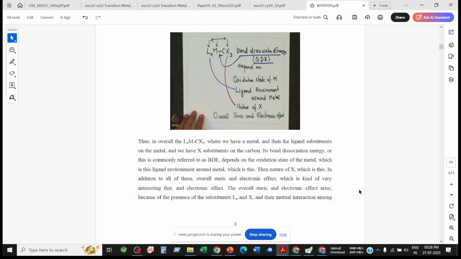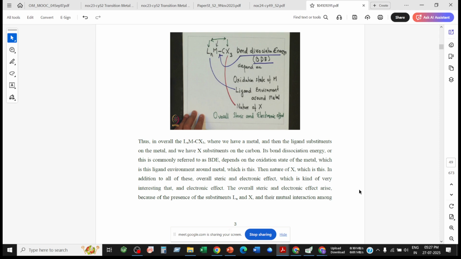It depends on a few things, the first being the oxidation state of the metal. If the metal is in a high oxidation state, there will be a difference in polarity and ligand environment, meaning the ligands already attached to the metal other than carbon. The nature of the ligand matters: electron withdrawing, electron donating, sigma donating, pi accepting, and the nature of the substituent on the X. As we have already said, when it is hydrogen the polarity is different, and when it is fluorine the polarity is different.